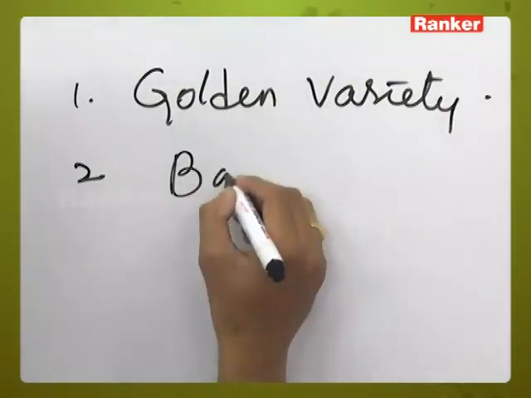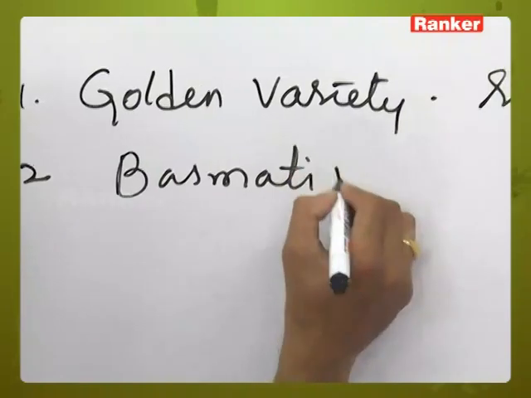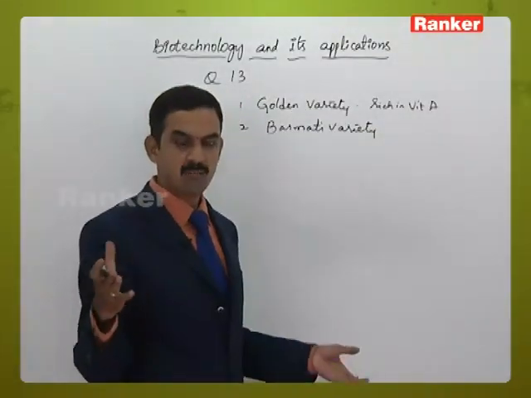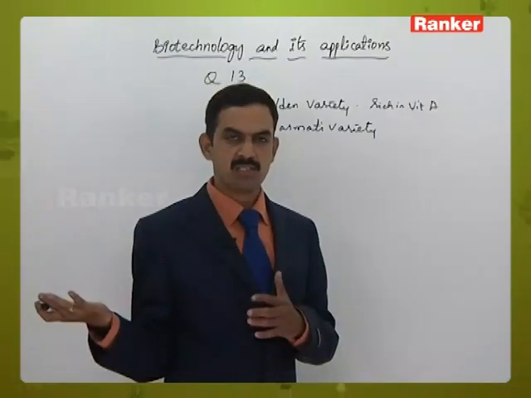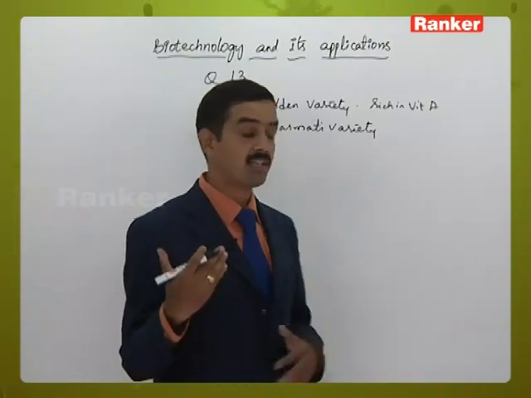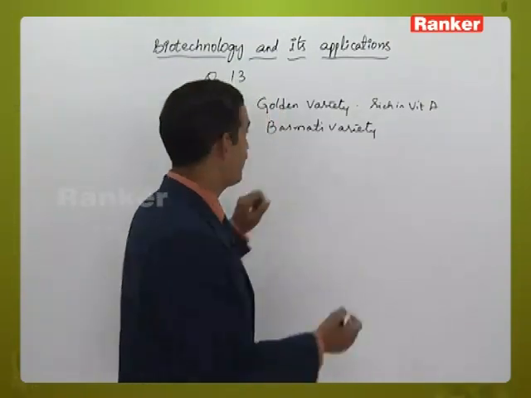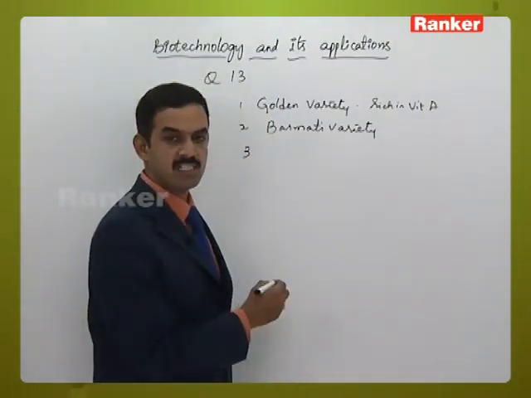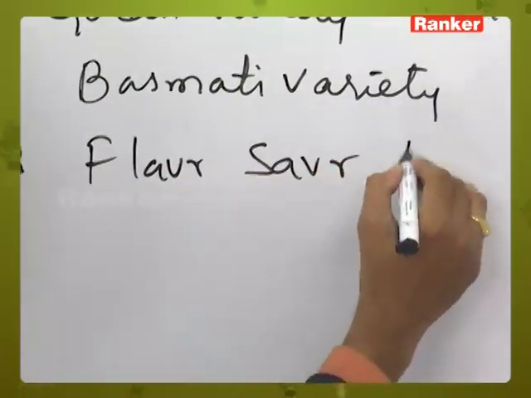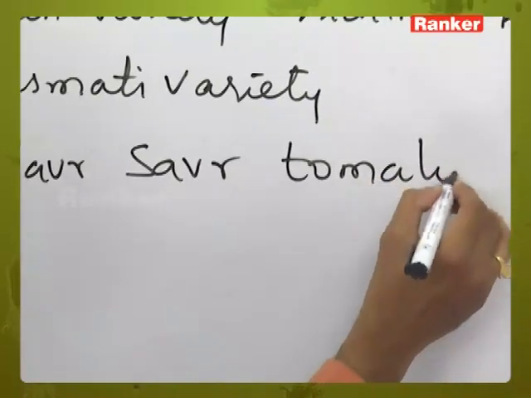Then let us come to the basmati variety. Basmati is also a rice variety which has been used by this American company without the authorization of India, because basmati is native to India. Then the third one is the flavr savr variety of tomato, which has the bruise resistant property.